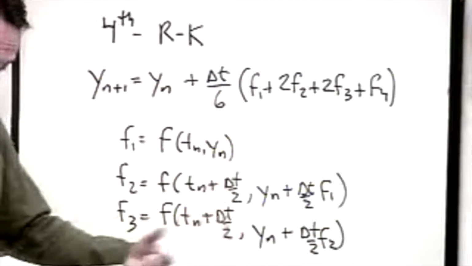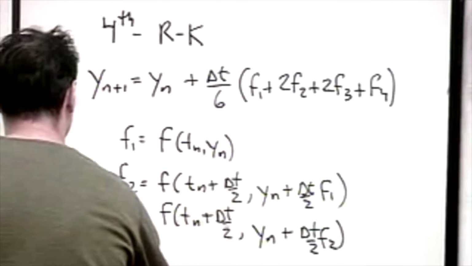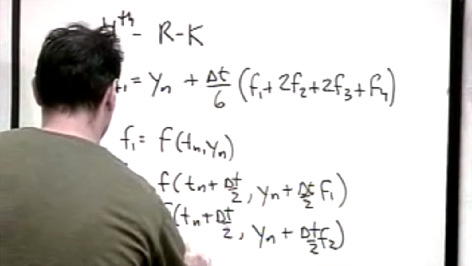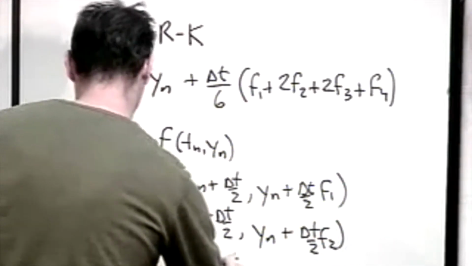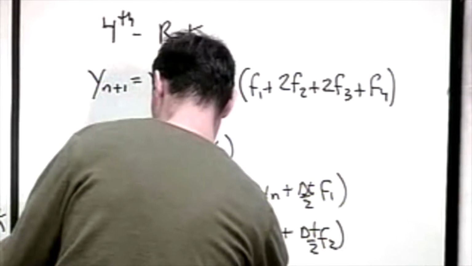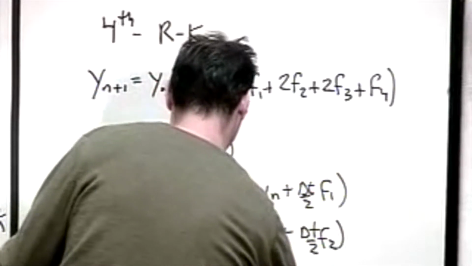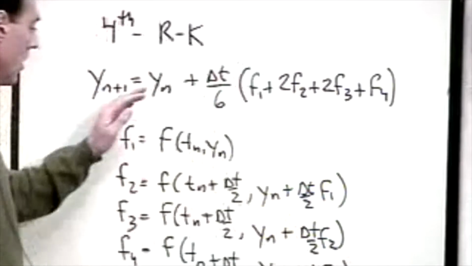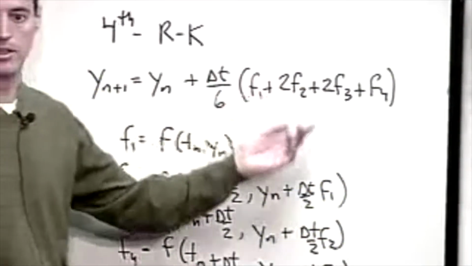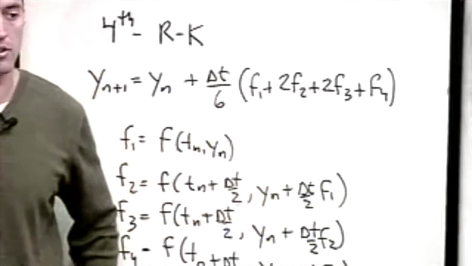And then finally F4, which evaluates the slope all the way at the right-hand side. Once you do this four-step process, you plug them in here. There's your solution, delta t into the future.